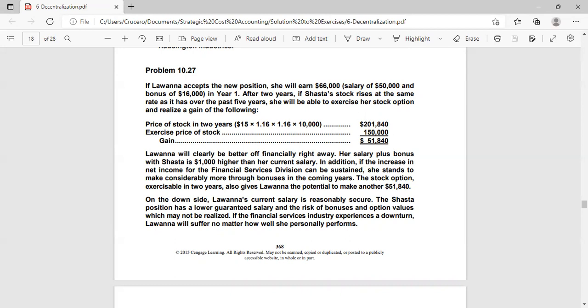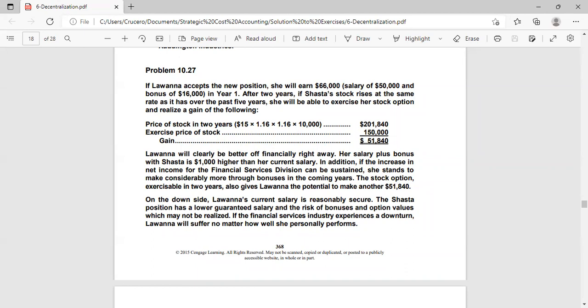In the course of her work, she has developed numerous contacts with business firms in the area. One of them, Shasta Incorporated, recently offered her a position as head of their financial services division.